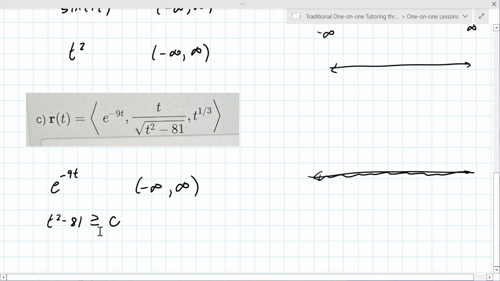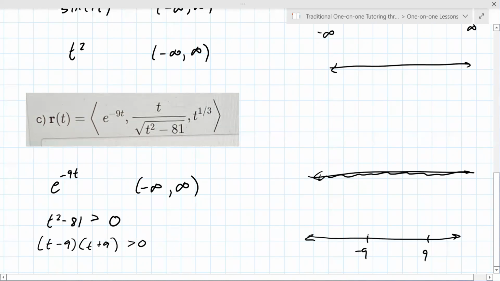Right. But because you just said greater than 0, you've got to factor this: t minus 9, t plus 9 greater than 0. And what you're supposed to actually do is put those two critical points on your graph, so minus 9 and 9, and then you're supposed to test each region to see what happens. Okay, so for example, and you did this in calculus 1, let's say you test 0, which is in between them, you get a negative number.